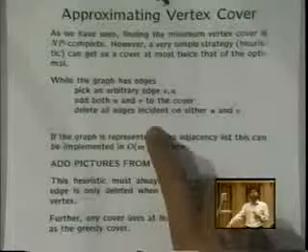Then delete any edge that's adjacent to either of those two vertices that we just added. That's going to add 2 vertices to the cover and delete a certain number of edges. If we keep going through multiple iterations of this, eventually all the edges are gone.